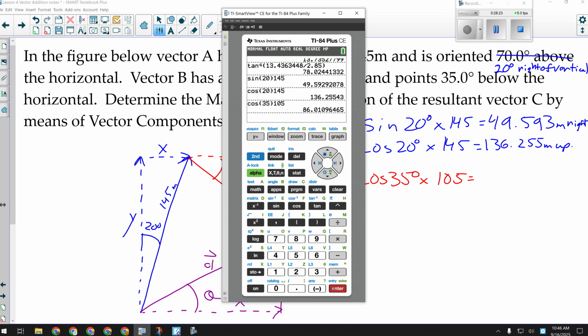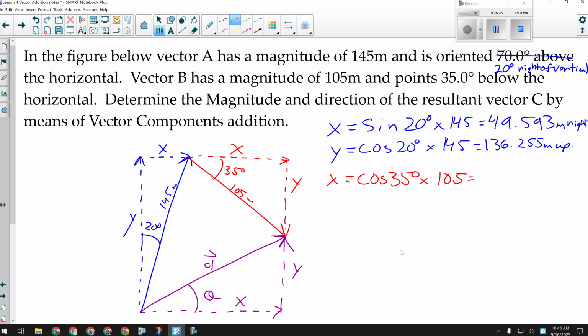86.011. Remember, you're keeping all of those in your calculator, and that one also goes to the right. Then y is opposite that 35-degree angle. So sine of 35 degrees times 105 meters.